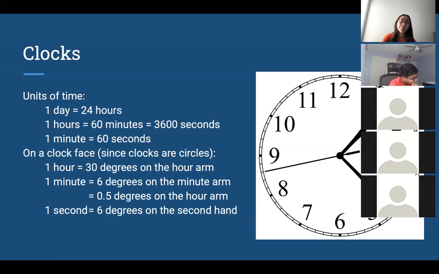I suggest you write down the bottom half of the notes here, because we're going to use them in a bunch of problems. I'll give you a minute to write that down.